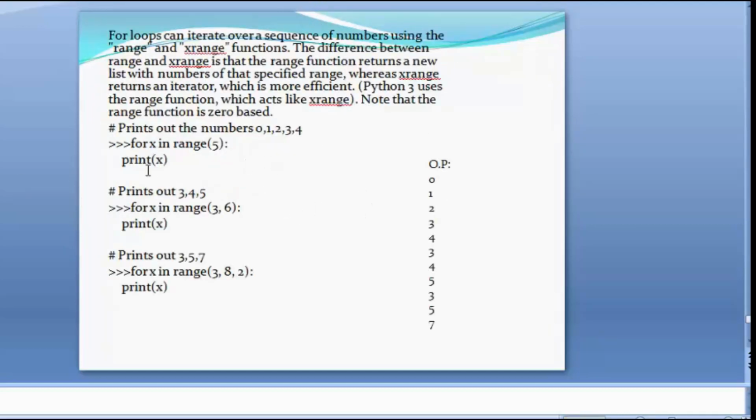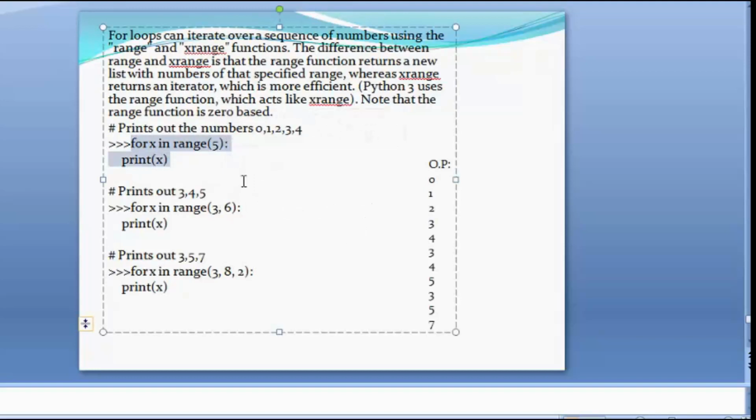We can check some other also, like for x in range 5, print x. It will give the output 5 times, that is x will continue 5 times and give the output in print x, from 0 up to 4.